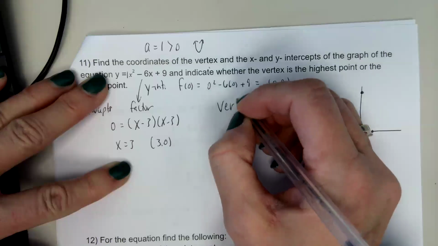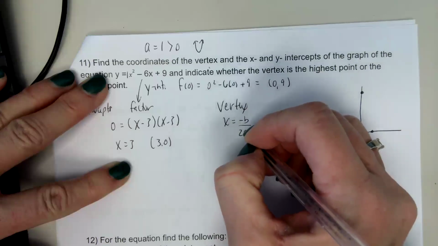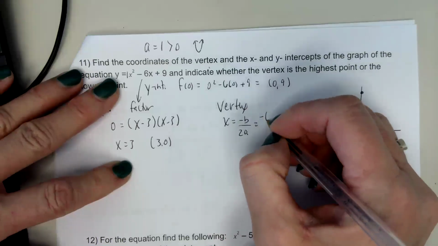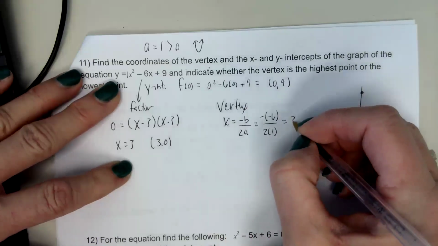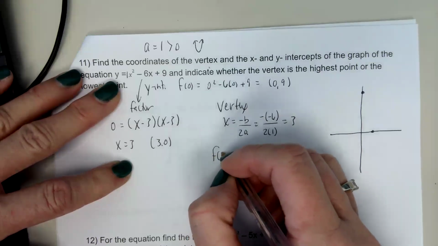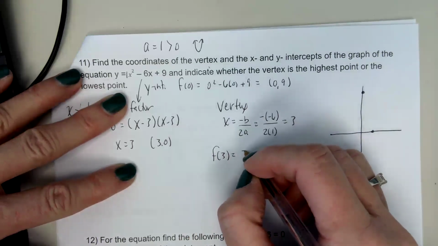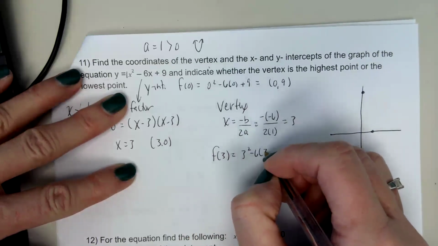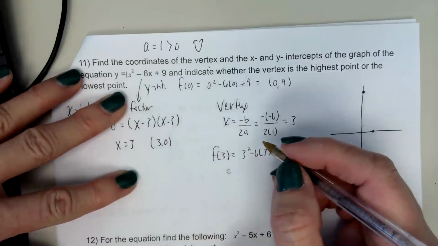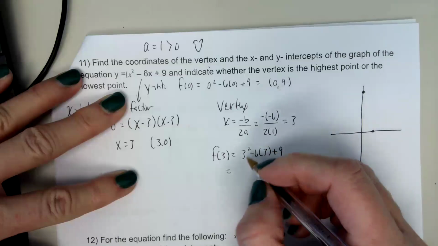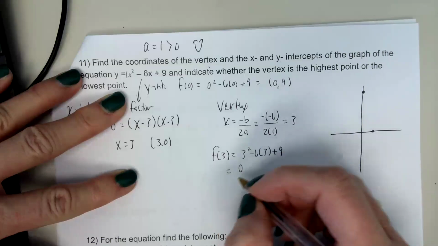But my vertex, my x coordinate is always the opposite of b over 2a, which is the opposite of negative 6 over 2 times 1. So that's 3. And so then I'm going to look at what is f of 3 to find the y coordinate. And so that's 3 squared minus 6 times 3 plus 9. And so that's going to be 9 plus 9 is 18 minus 18 is 0.